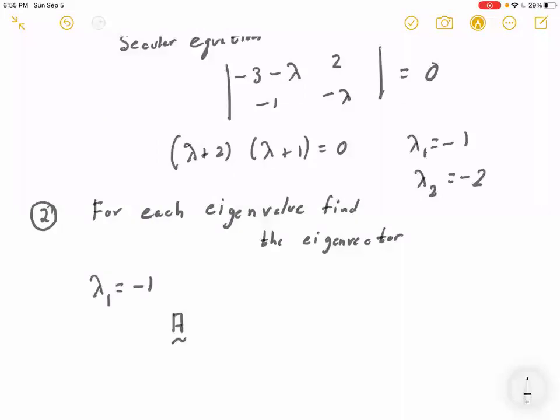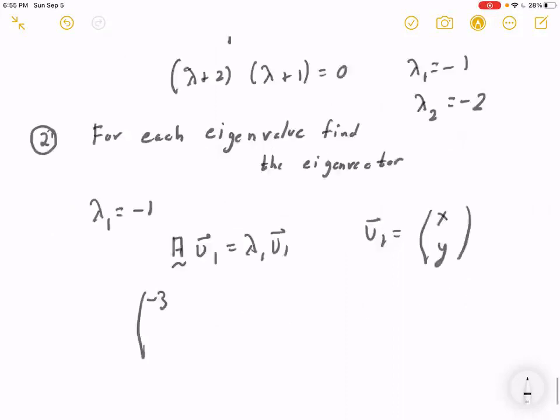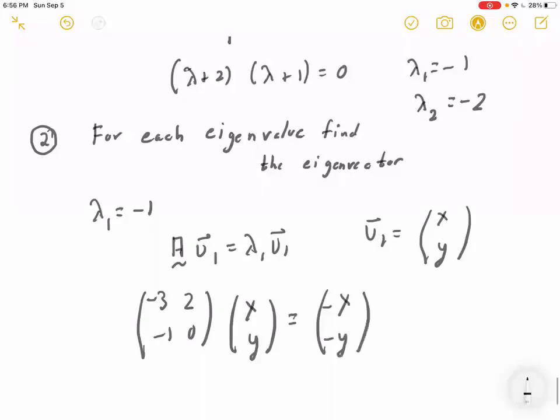So I want to find a u sub 1 that satisfies this equation, where u sub 1 is this vector. So I have the following matrix equation that I need to write down and evaluate.